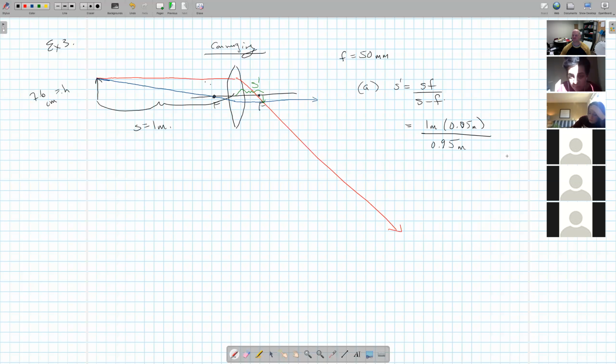Okay, assuming I did the math in my head correctly. Plugging in our numbers, this works out to be about 5.26 centimeters. So this should be S prime.